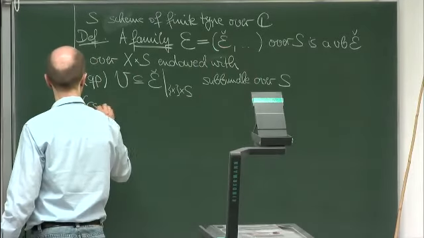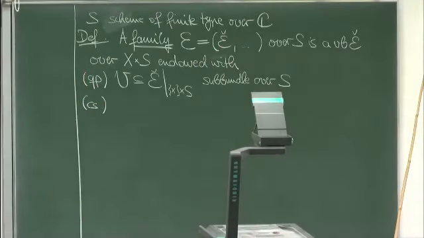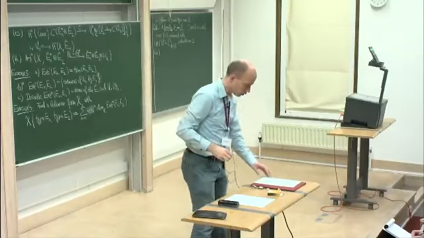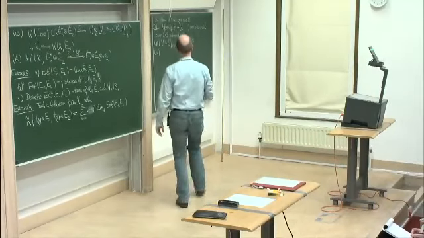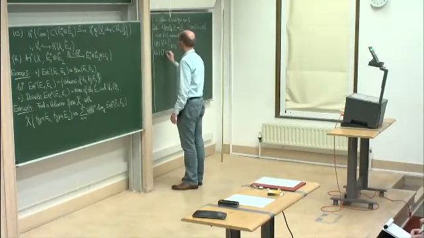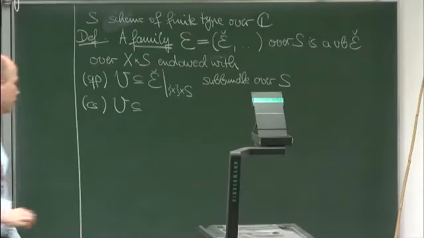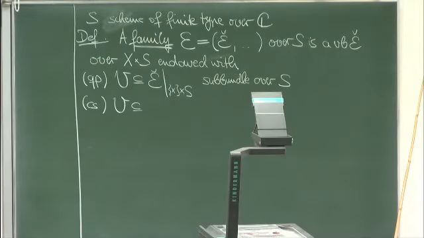So in the coherent system case, you do a similar thing, but there's some small print here. You take a locally free subsheaf in the push forward, in the push down.